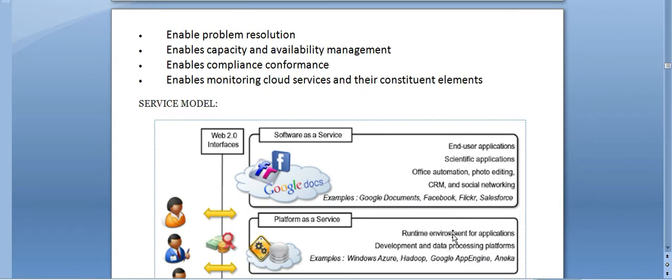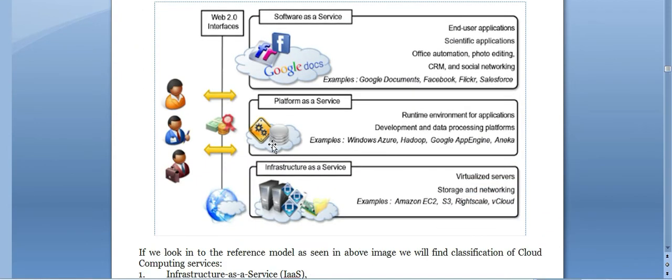Then come to the service model, that is your software as a service, platform as a service, as well as infrastructure as a service. And there's another point, that is the Web 2.0 interface. So software as a service, that is the end user application through which we are connected, we are accessing the cloud, and through which we are connected to the internet and access the resources. Okay.